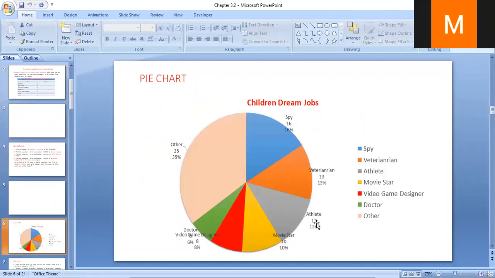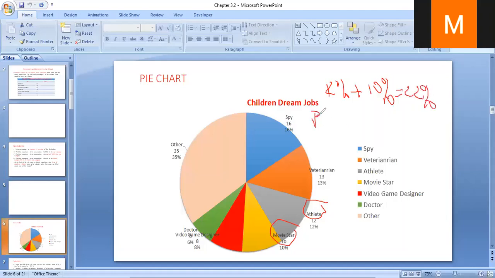Athlete and movie star. Athlete is 12%. Movie star is 10%. So to find athletes or movie star, you add 12% plus 10%. You will get 22%.